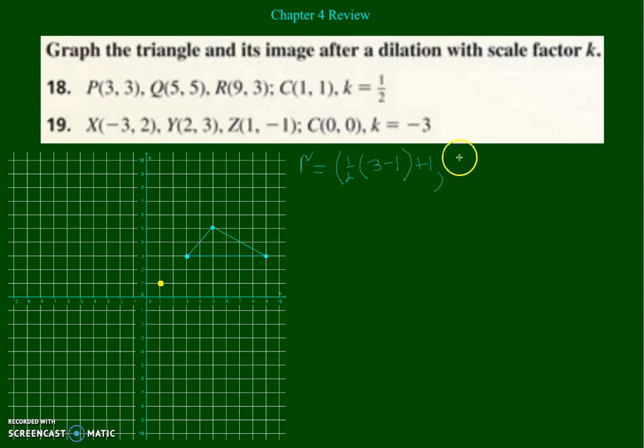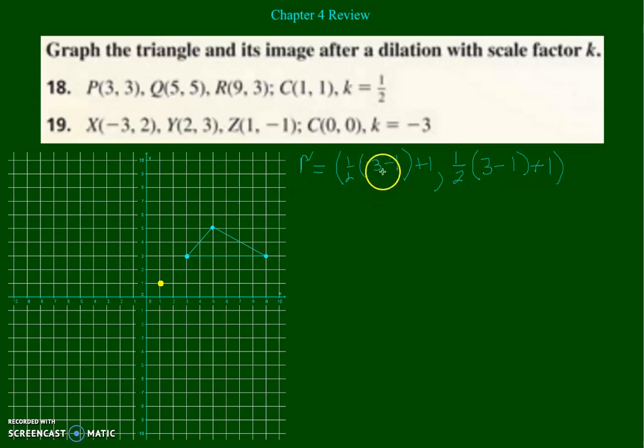Now we do the same thing with the y-coordinate. Take the scale factor times the y-coordinate of the point, 3, minus the y-coordinate of our center, which is 1, and then we add that back. This gives us our new point.